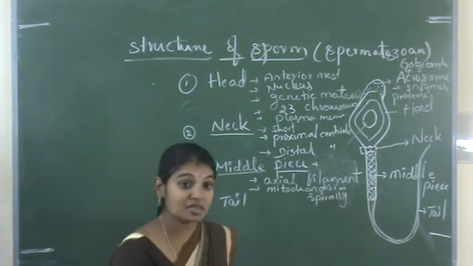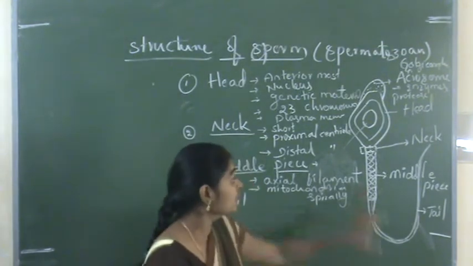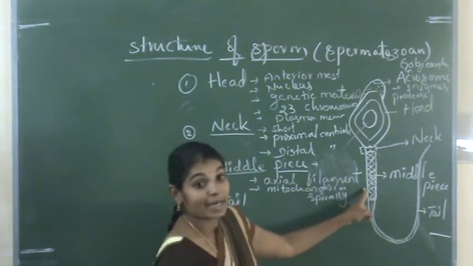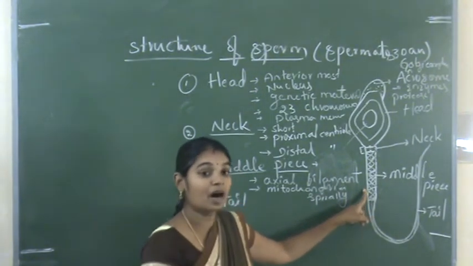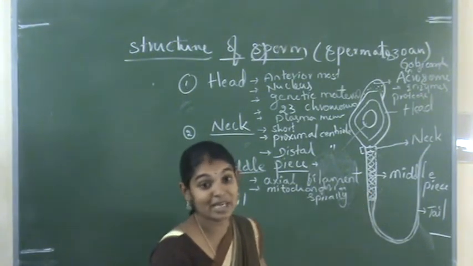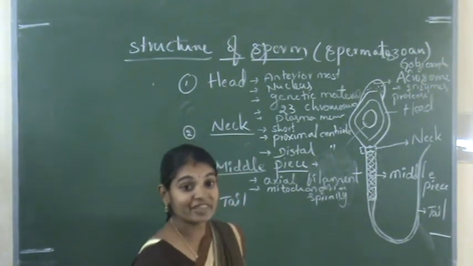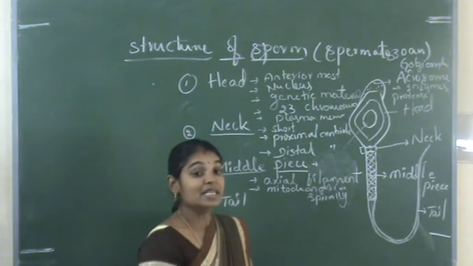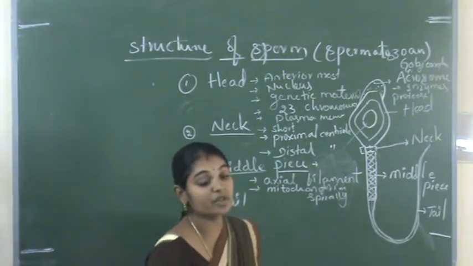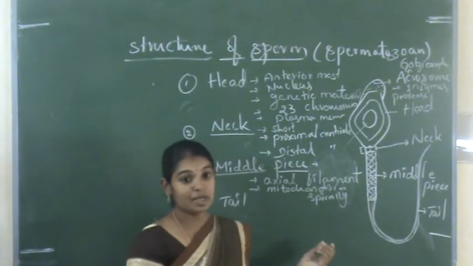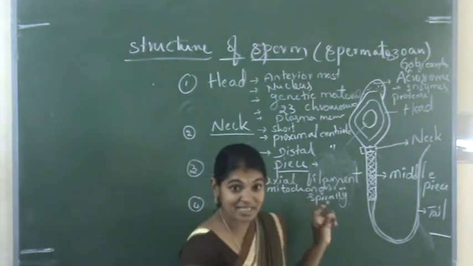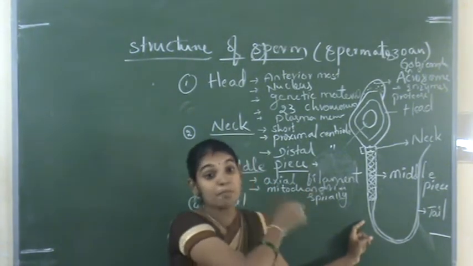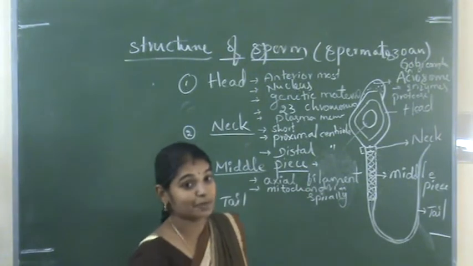And what is the use of the presence of mitochondria in this sperm? They provide energy for the motility of the sperm in the female genital tract. Ejaculation means the insemination of the semen into the female genital tract. After ejaculation, the sperms must reach the ampulla region of the female reproductive system.